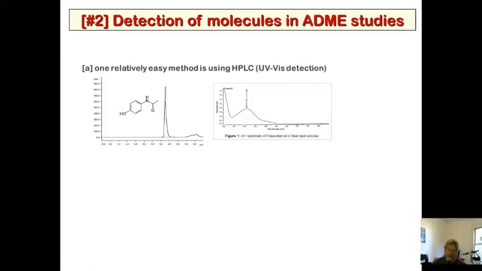And this shows the UV-vis spectrum, which varies based on wavelength. There's a lambda max, the maximum absorbance point, which is around 240, 250 or so. And for most organic molecules, we just set the absorbance wavelength to be around 254 nanometers.